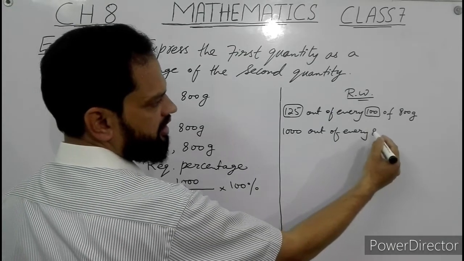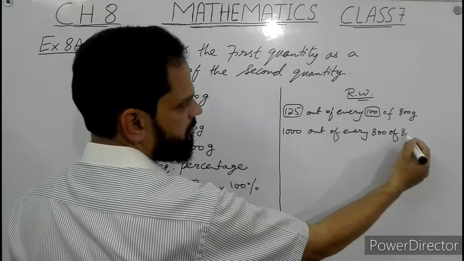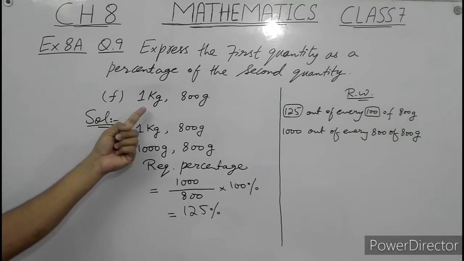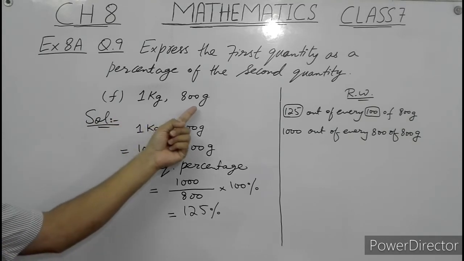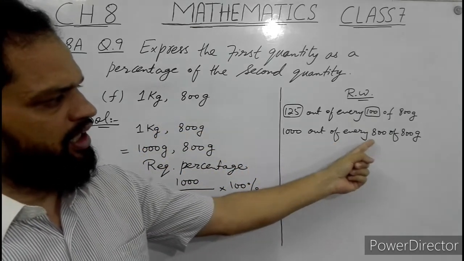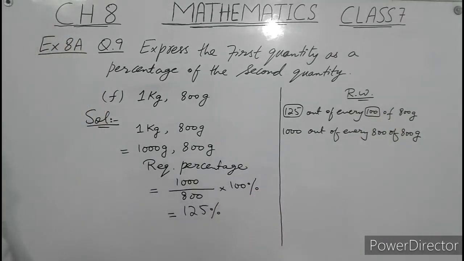It will become 800. So you can see that our question was 1 kg, that is 1000 gram, and 800 gram: 1000 out of every 800 of 800 grams.